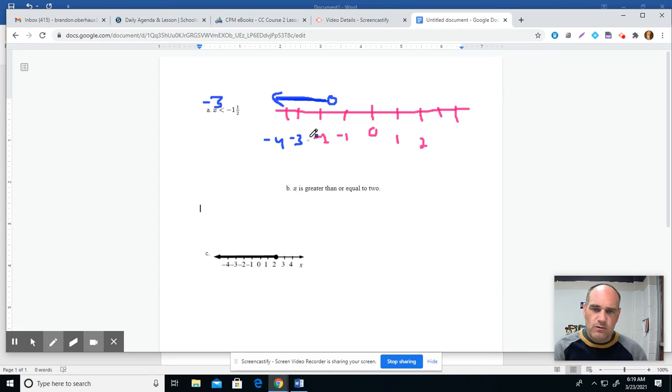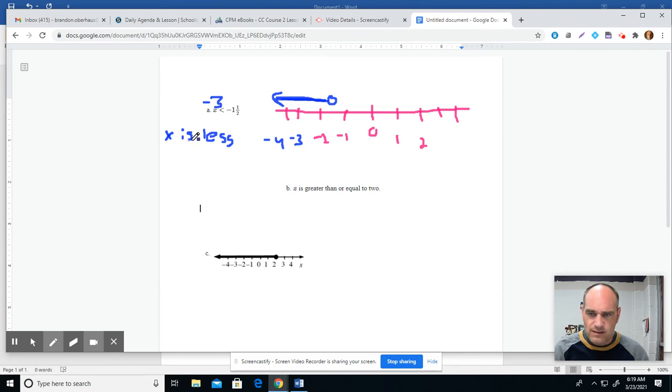So we did the symbols, we did the graph, and now I have to write this out in words. I'm going to start it but not finish it because my writing is so sloppy on here, but you need to do it on your paper. We write down: X is less than -1.5.